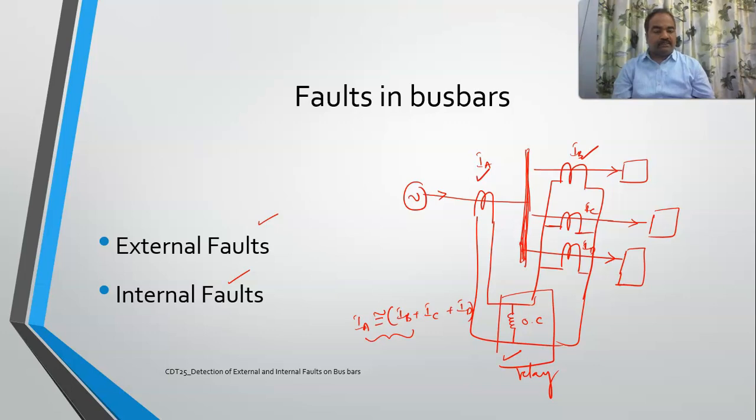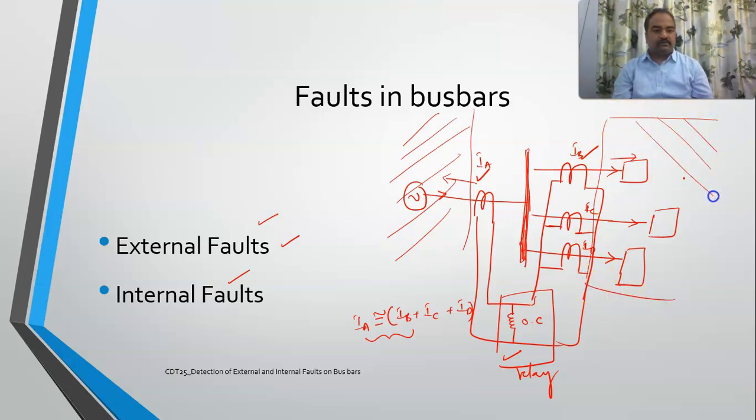Based upon this protection scheme, we classify the faults as external faults and internal faults. External faults are those faults which happen on the external side of the CTs. So this is the zone, wherever the CTs are there.